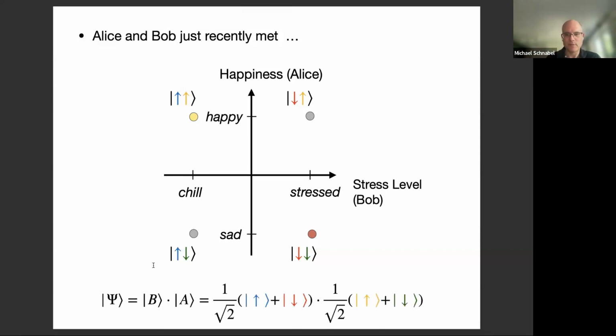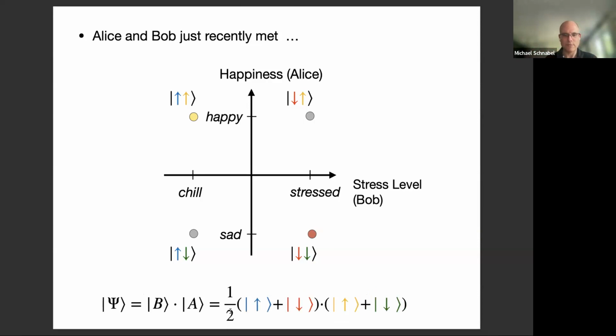So the quantum state representation goes like this, and this is similar to the quantum tic-tac-toe representation. We just take the state of Bob and multiply it by the state of Alice. Now you have these two spin states, so you just concatenate them. The factors of 1 over square root of 2 combine, so you reach 1/2 here. And this can be rewritten as this.